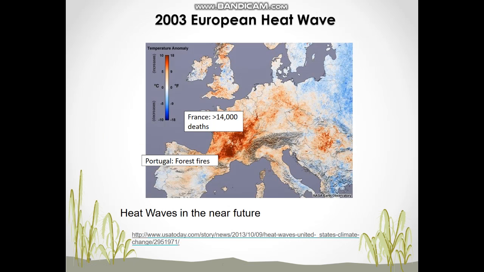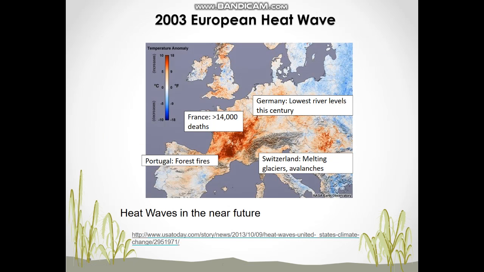In Portugal, it caused forest fire, and because of dry condition, over 200,000 hectares of forest area burned. In Switzerland, it caused melting glaciers and avalanches. Alpine glacier shrank by 10%.